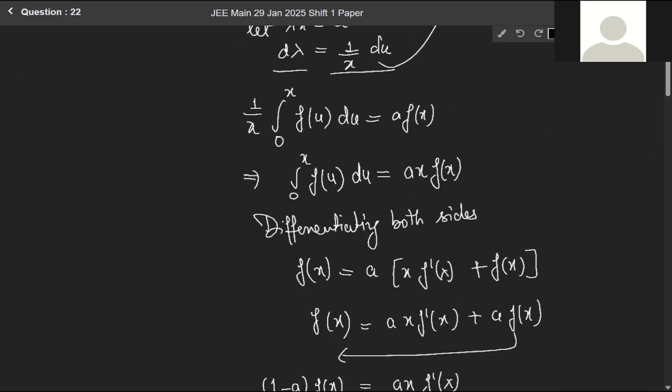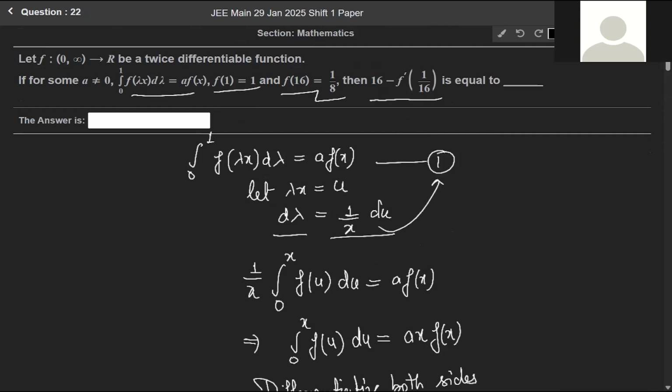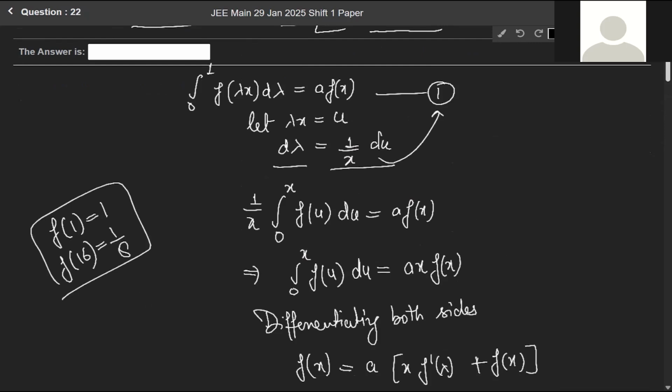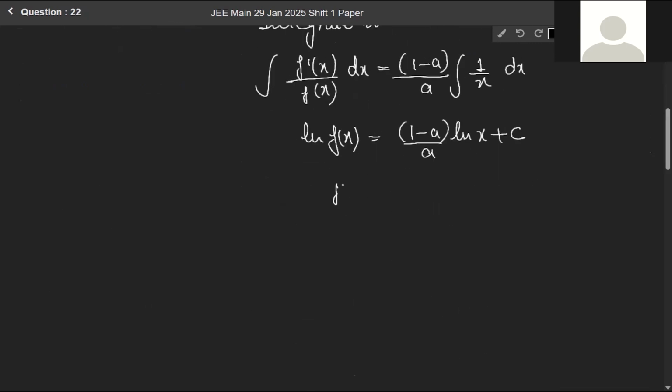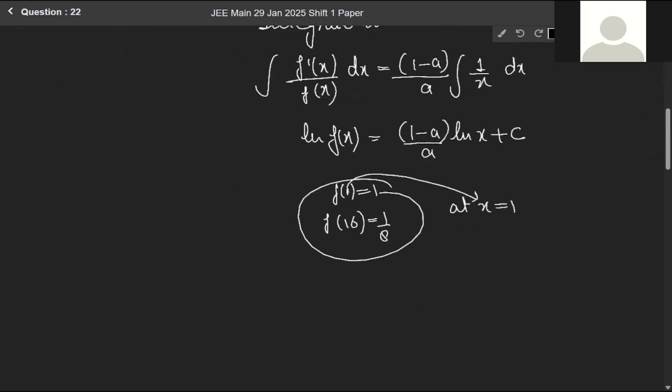Now from here we are given that f(1) equals 1 and f(16) equals 1 over 8. Now using this condition, at x equal to 1, f(1) is 1.